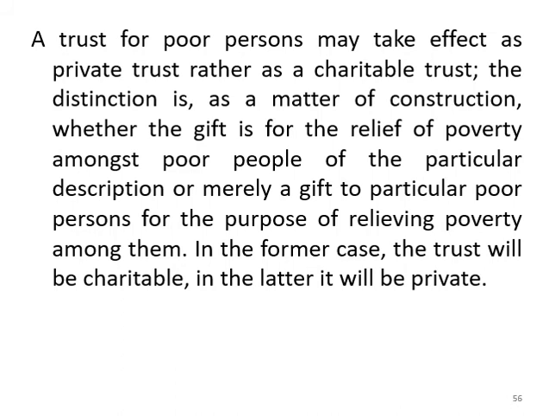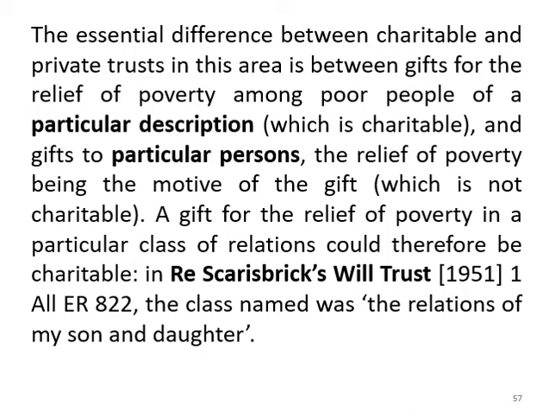In that case, it can't be a charitable trust, but it shall be a private trust. The essential difference between charitable and private trust in this area is between a gift for the relief of poverty amongst poor people of a particular description, which is charitable, and a gift for a particular person, relief of poverty being merely the motive of the gift, which is not charitable but is known as a private trust.